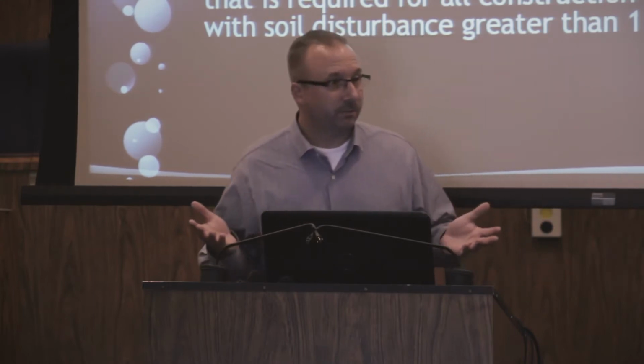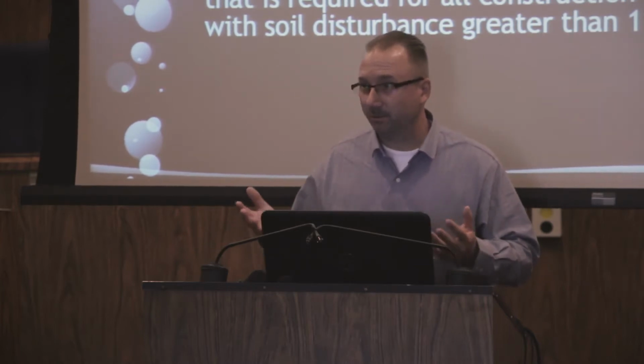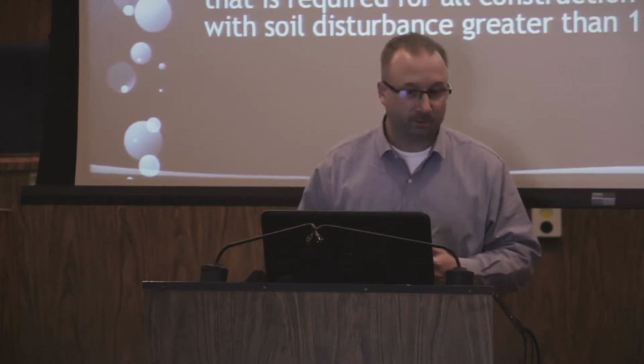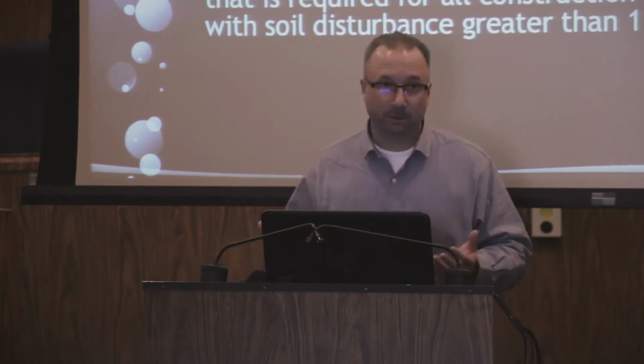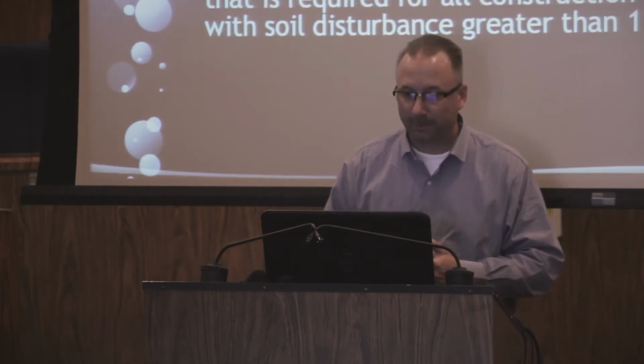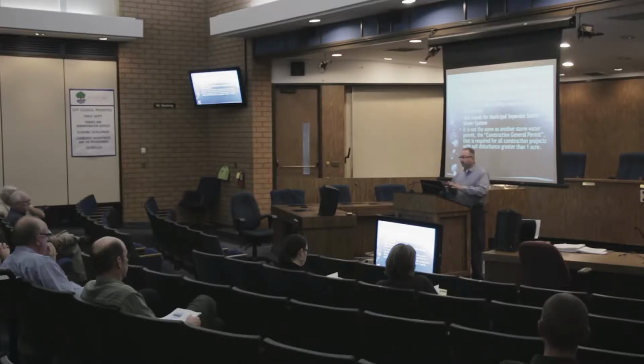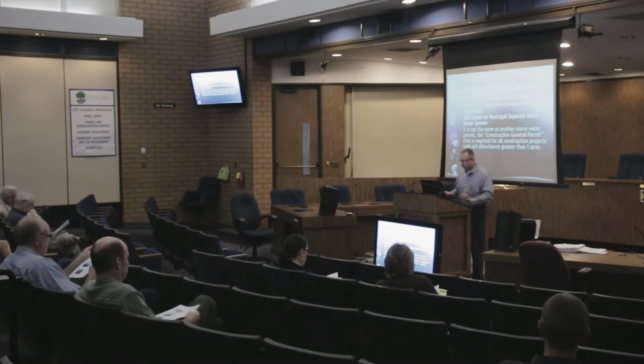So in the construction industry, what we know about is typically that project that's over 1 acre of soil disturbance, they have to file a notice of intent, file for coverage under the construction general permit, and get coverage under that. So we're talking today about a different stormwater permit, and it does affect construction activities, but sometimes there can be some confusion.